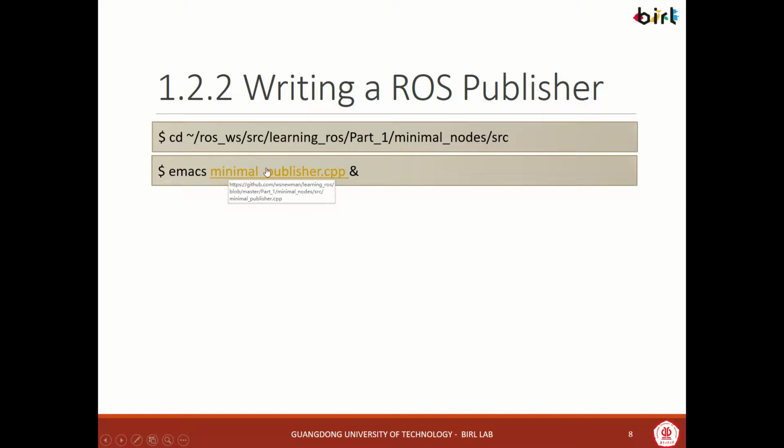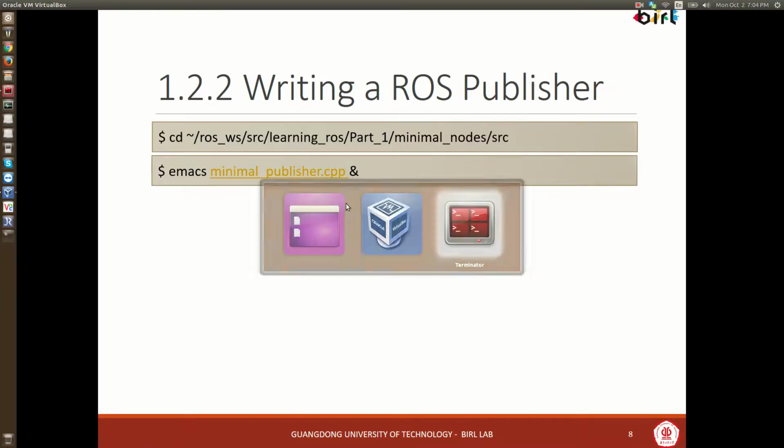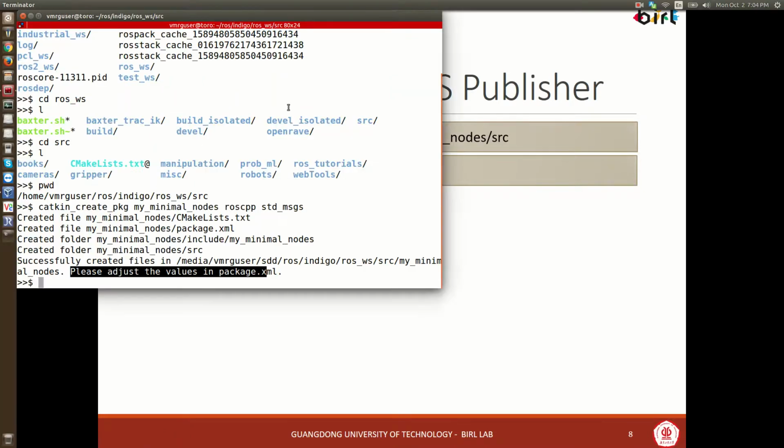Now you can open this file using gedit if you're not so familiar with Emacs, but if you want to venture, you can also open this file with Emacs, and this little sign, in English we call it the ampersand, and it helps us to separate Emacs from the terminal. So for example, let's go back over here, and let me find that.